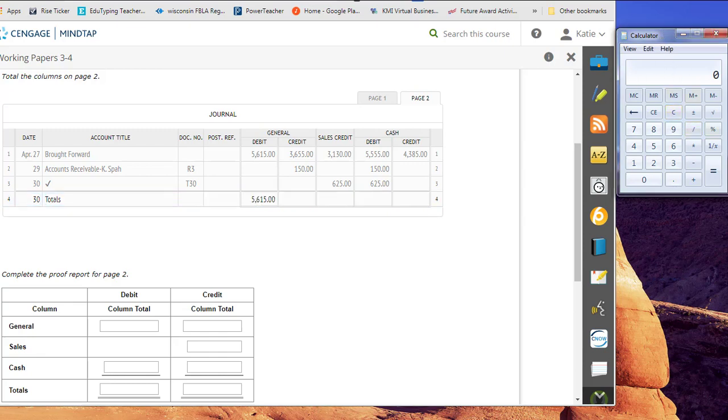Okay, so when I do my general debit, I'm going to take 3,655 plus 150. Those two added together is going to give me my general credit.